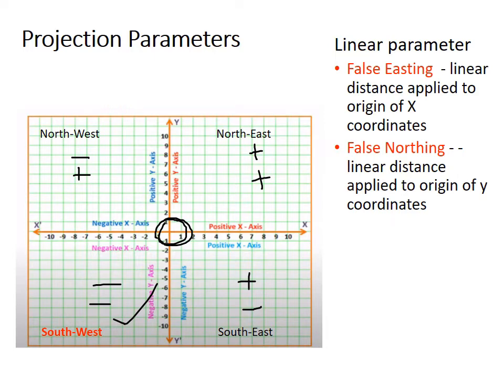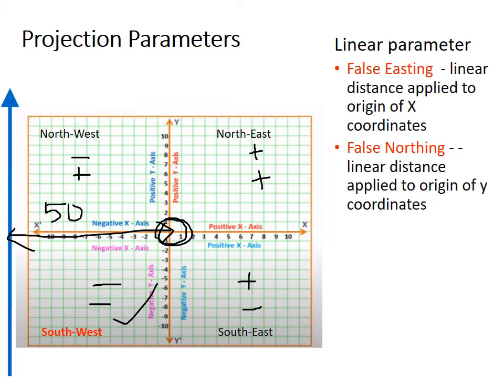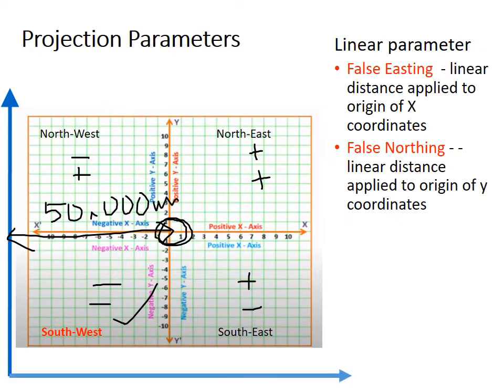For example, I take one of these axes from the origin, I take a new axis which is on the eastern side of the y-axis at a distance of, let us say, 50,000 meters. And I also take another axis from the origin which is south of the x-axis, which is also at a distance of 50,000 meters.